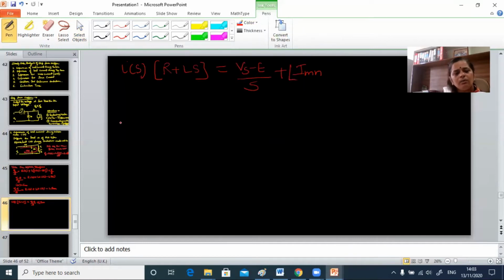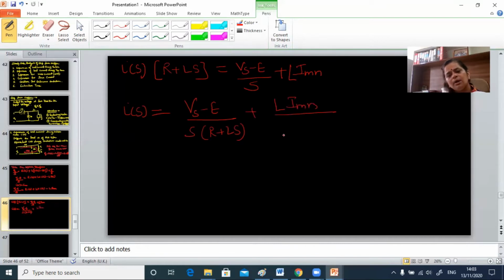Now, if I want to calculate I(S), that is (Vs minus E by S) over (R plus L S), plus L I minimum over (R plus L S). Now I can take L common.